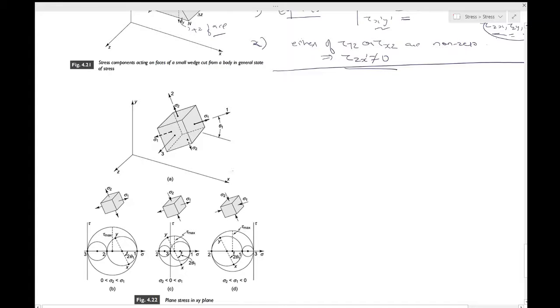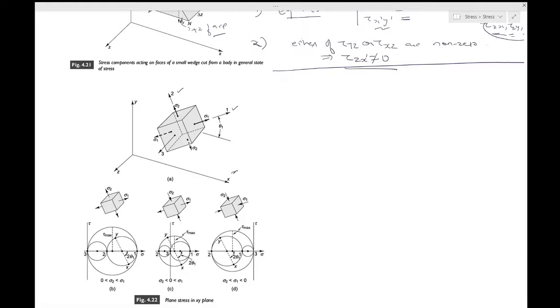Okay, so this is an element which has been taken out from that plate with faces of the element oriented to coincide with the principal stress directions 1 and 2. So what you have done is you have found out the state of stress, then you converted it to the principal stress system, and you realigned this element along the principal directions.